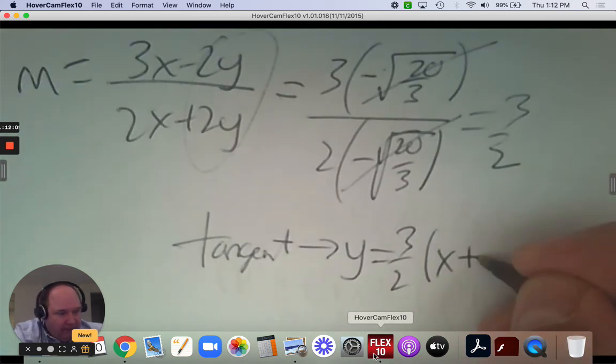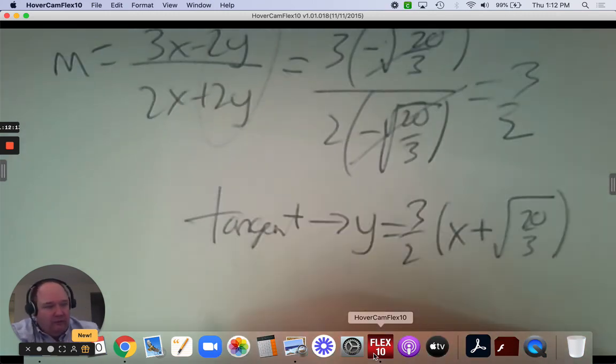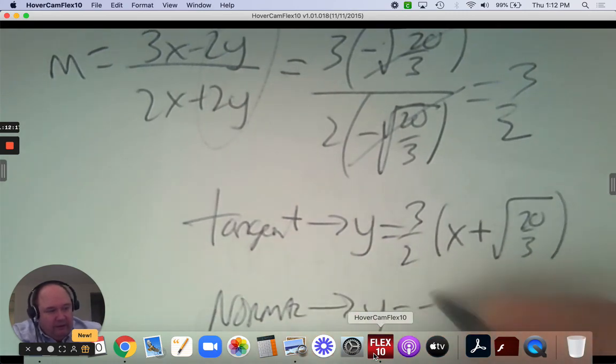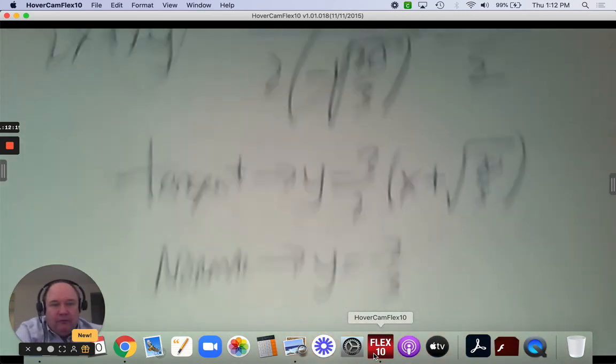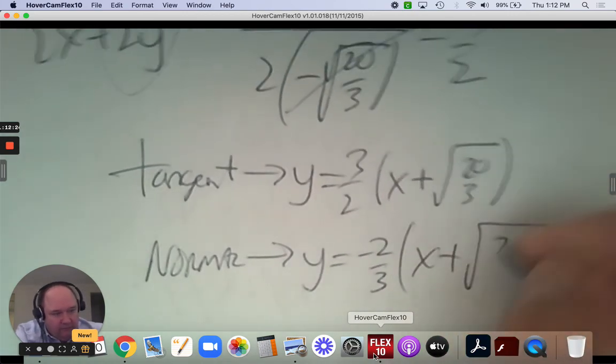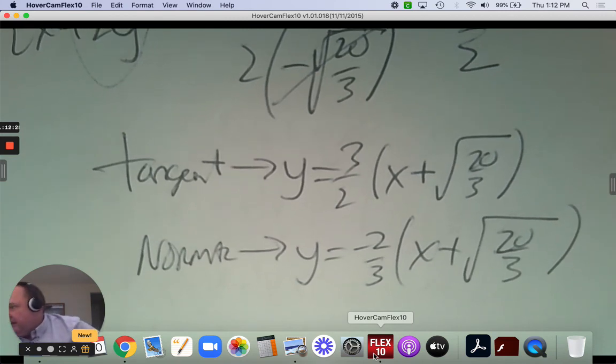So it's plus root 2 over 3, and then the 0. For the normal formula, it's the same thing, but I do the opposite reciprocal for normal, and then write the same thing down. Done. That's the tangent, and that's the normal.